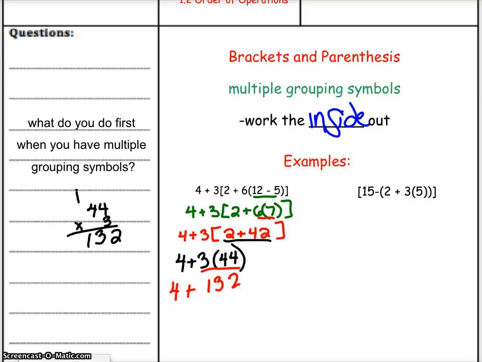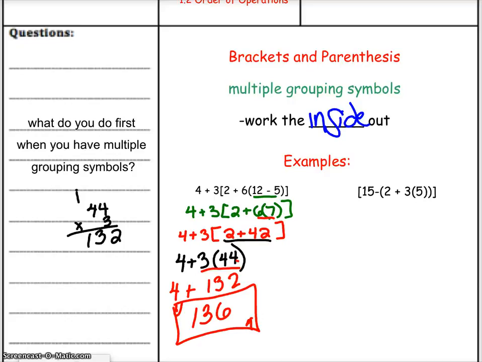It's not 132 plus 7 because we went 3 times 44 to get the 132. And then plus 4. Final answer, 136. Please make sure you always box or circle or cloud or use any kind of separation for your final answer. Because I want my eyes to be able to see where your final answer is.